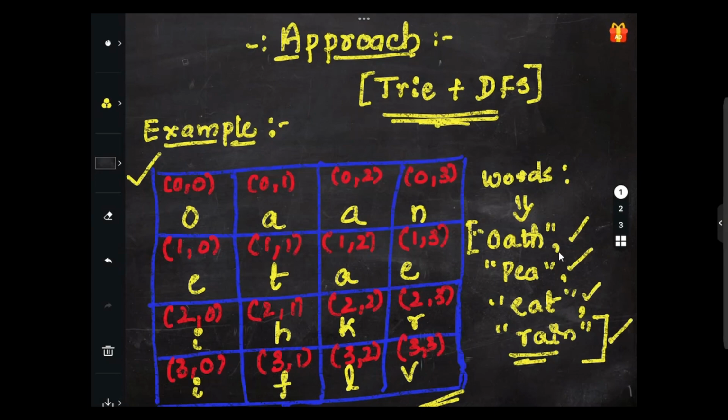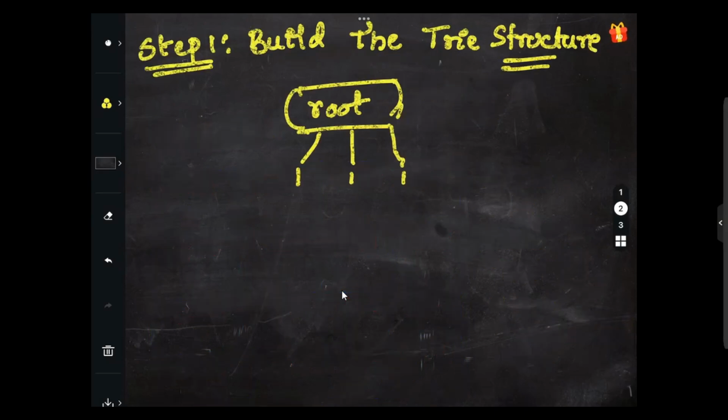What are the words we need to search here? Oath, pea, eat, and rain, right? We can clearly see one thing: P is not present at all, for PEA. The letter P itself is not present. So we are ignoring this one in the trie when we are constructing the trie, right? So let's go with the trie structure.